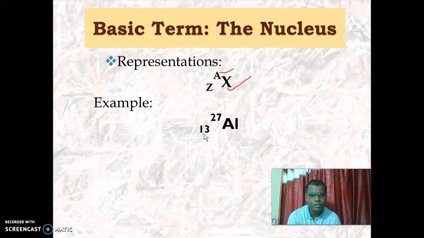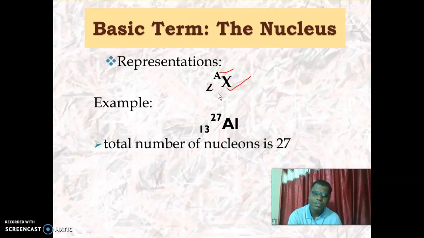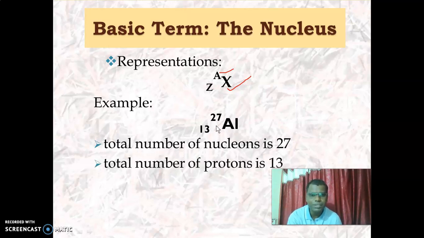This 13 is the atomic number and this 27 is the mass number. This 27 indicates the total number of particles present in the nucleus, which we call nucleons, that is, the total number of protons and neutrons present in the nucleus.